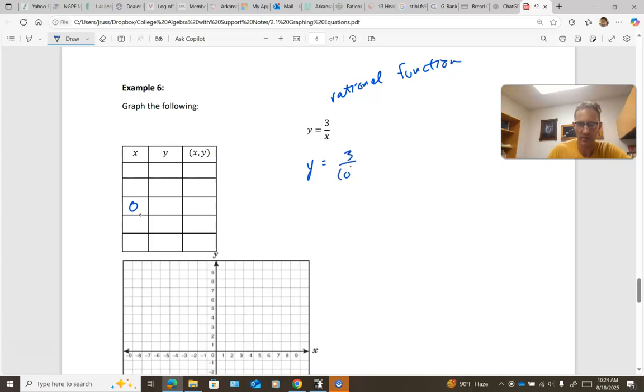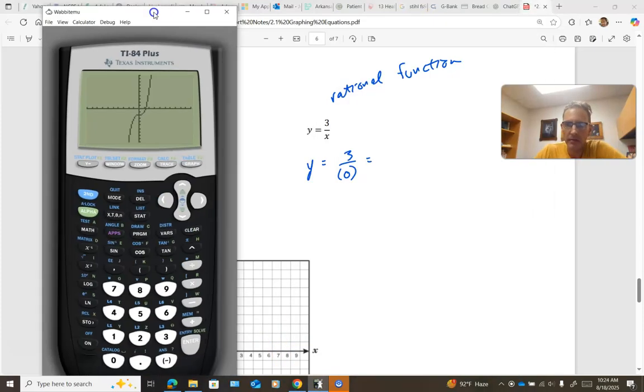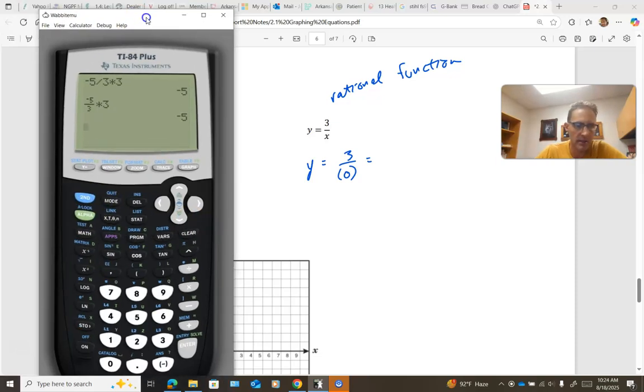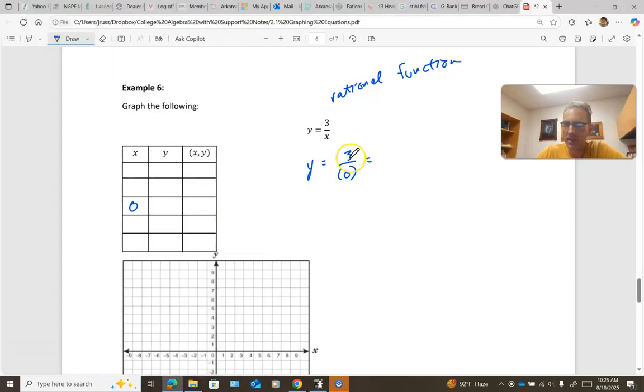So if I plug in 0, what is 3 divided by 0? Most people will tell me that it's 0, but that's not right. Let's see what the calculator says. It gives us an error.